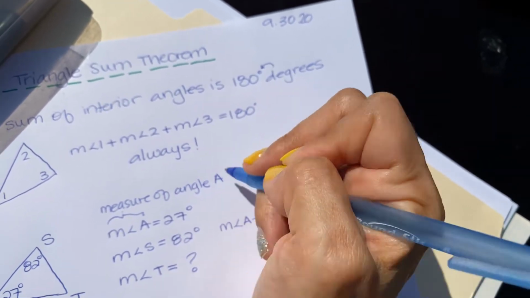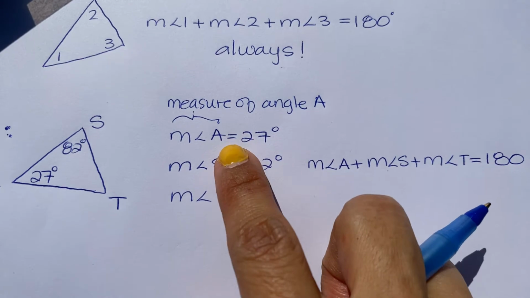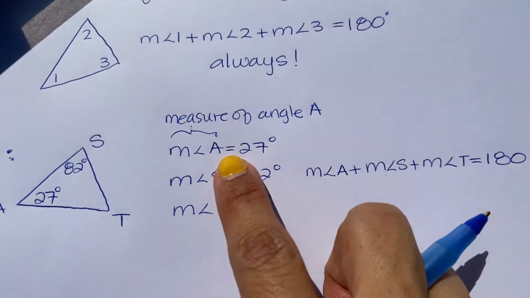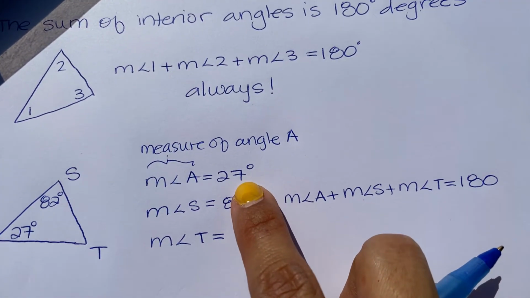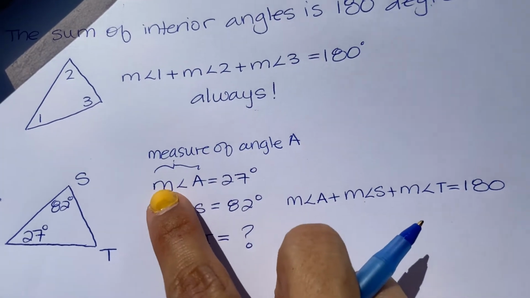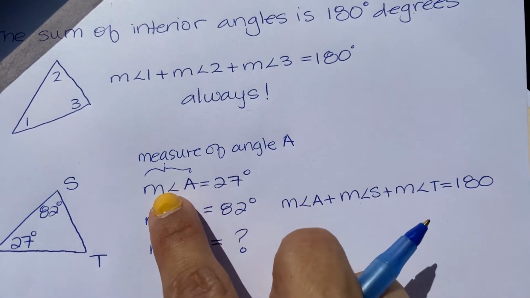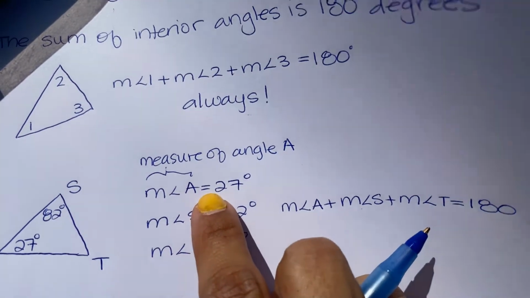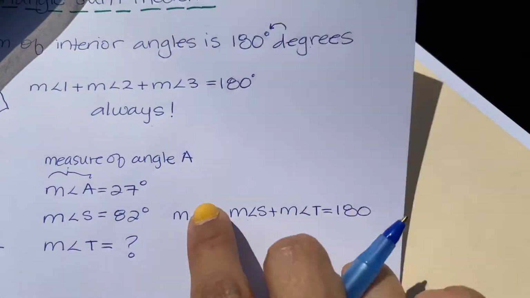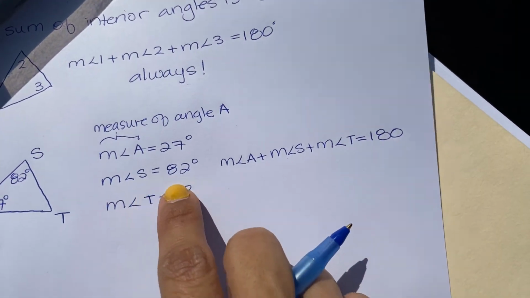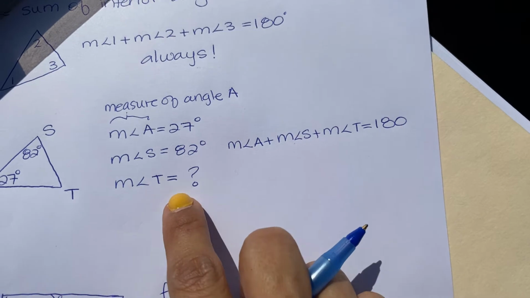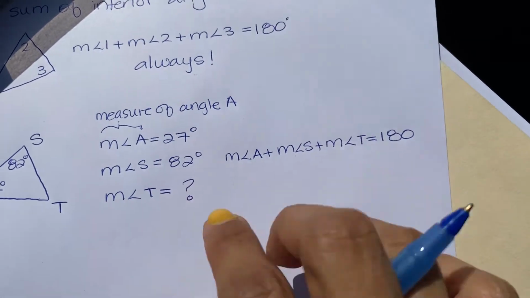So in this case, it's angle A. And then you guys know equal is, and then 27 degrees. So it reads the measure of angle A is 27 degrees, okay? So measure angle S is 82 degrees, measure angle T, we need to find that out.